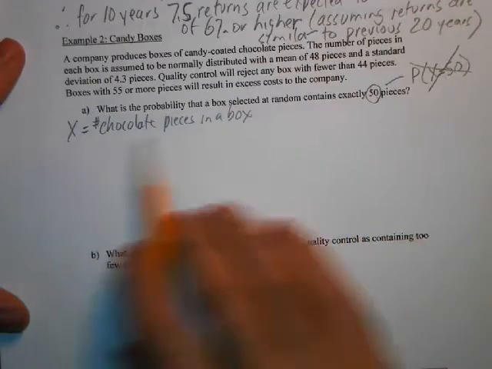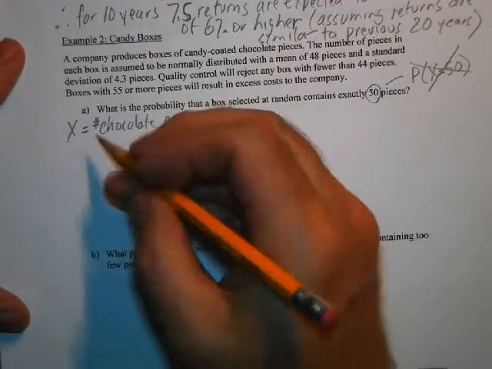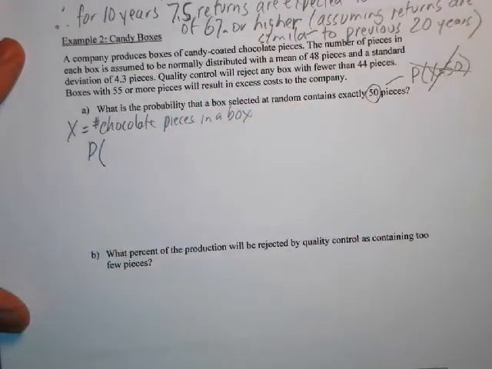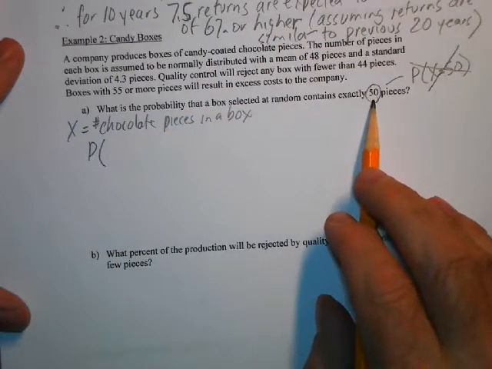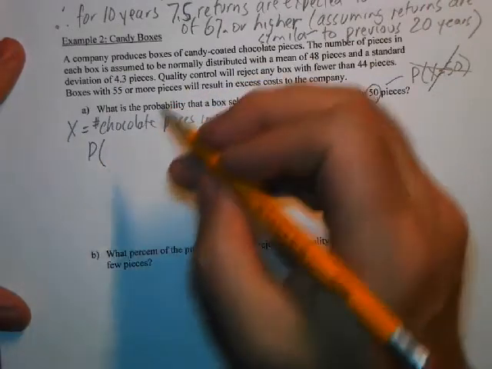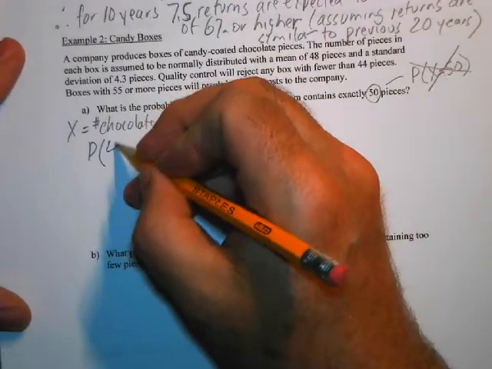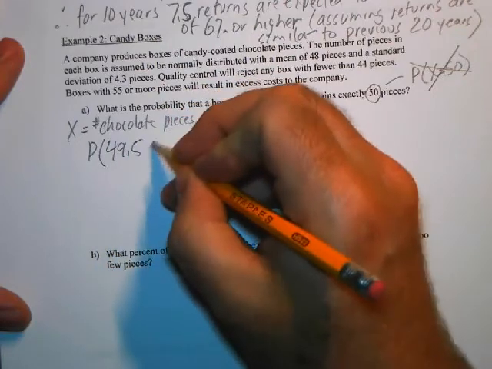So what we want is the probability that the box contains between 49.5 and 50.5 pieces. So that's what I'll write here.